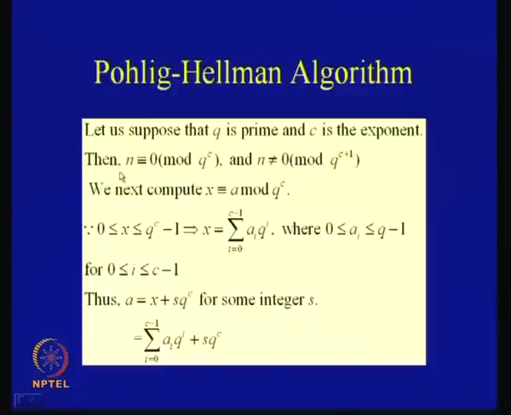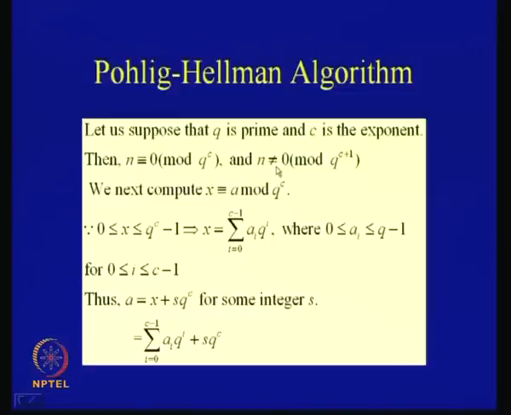So, you know that if you take modulo q power c, then n becomes congruent to 0 because n is divisible by q power c. What about q power c plus 1? It is definitely not 0 because c is the highest such value. You can have at most c factors of q in n. Therefore, n is not congruent to 0 modulo q power c plus 1.